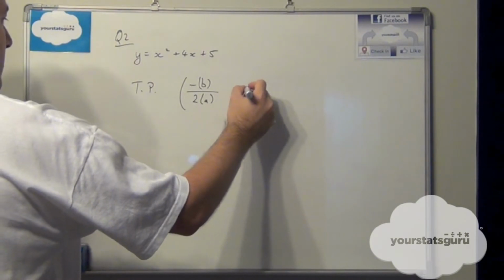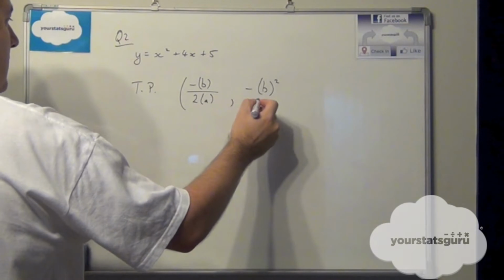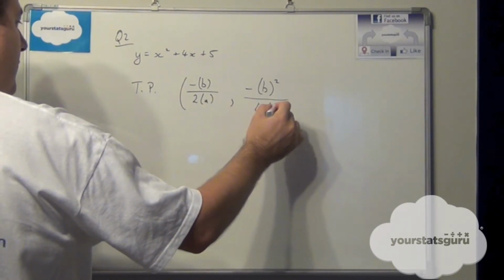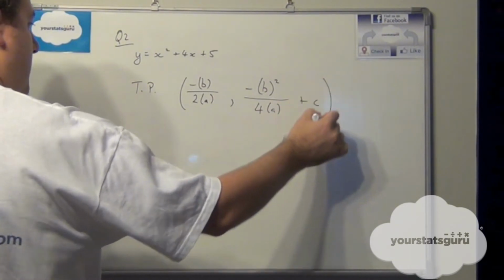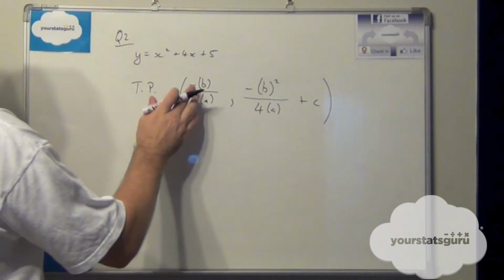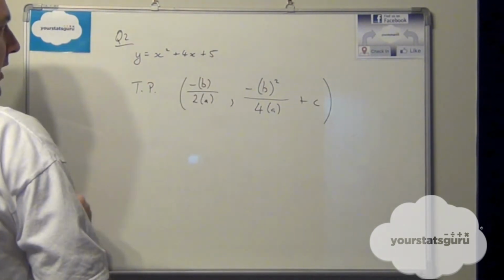comma, minus b squared over 4a plus c. So a is 1, b is 4 and c is 5.